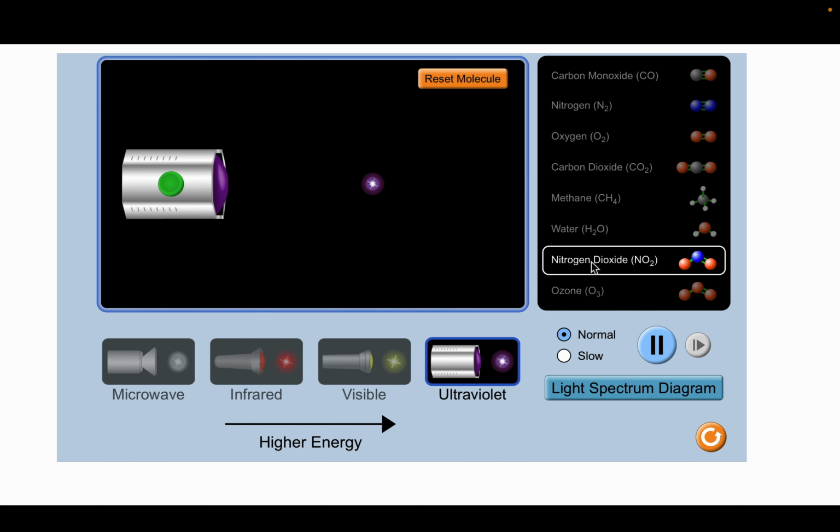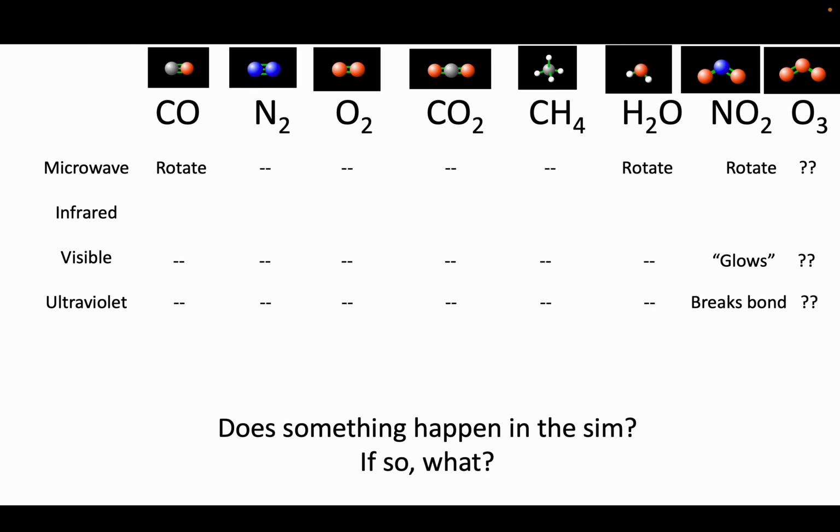Okay, I saw something. What is this sim trying to show us here? With the ultraviolet, it looks like it was breaking a bond within the molecule, and that only occurred for the nitrogen dioxide.